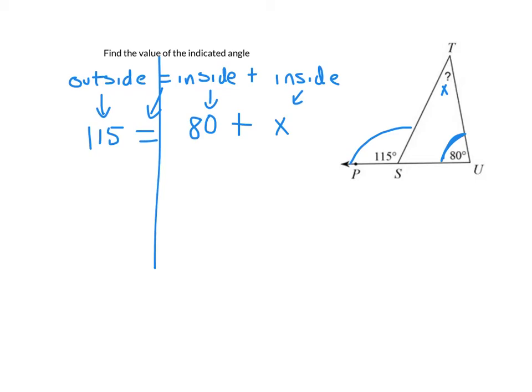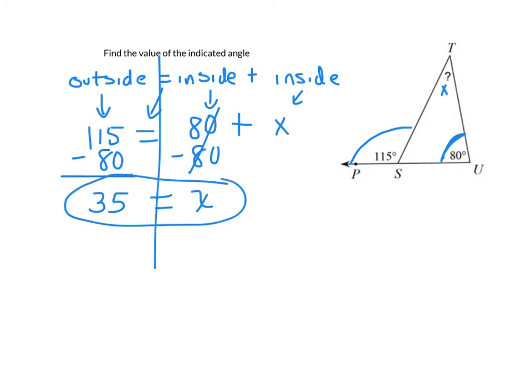So we're going to subtract 80 from both sides. Remember, what we do to one side, we do to the other. So if we do 115 and subtract 80, we get 35. The 80s cancel out on the right-hand side of the equation, and we're left with X. All right, so we're just using this property to help us figure out what some of the angle measures might be that are missing in a triangle or outside of a triangle.